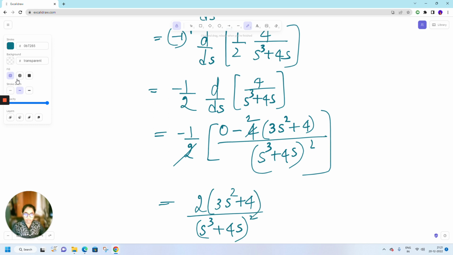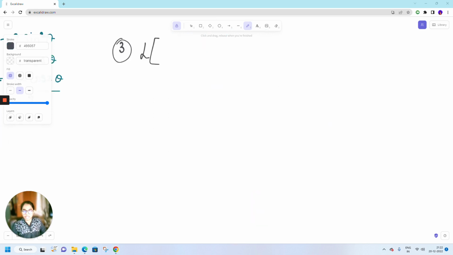Now moving on to our next question. Find the Laplace transform of t square into e power minus 2t times minus cos 2t plus 4. How do you solve this?